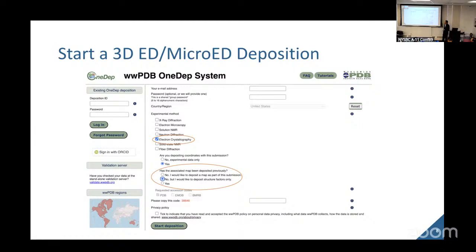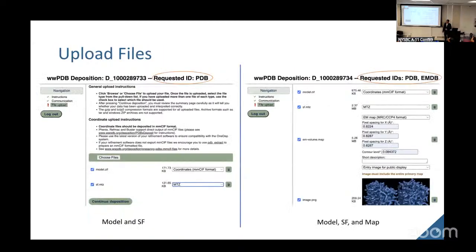And it also asks about whether you want to deposit an associated map. But as we know, the maps from 3D MicroED are usually recalculated from diffraction data. But it is what it is now, and you can choose among these options. Once you choose that, you'll be asked to upload files first. If you have chosen just depositing the structure factor, you will just request a PDB ID only. If you have chosen to deposit the map as well, you will get an EMDB session.